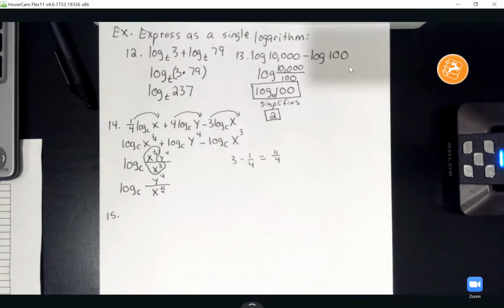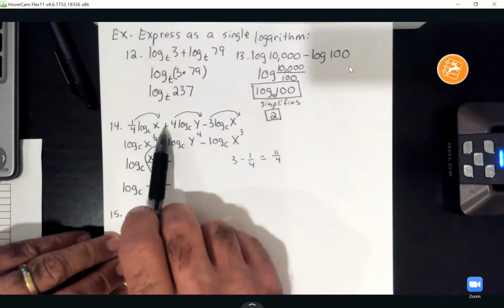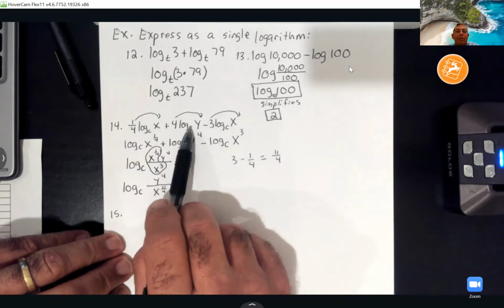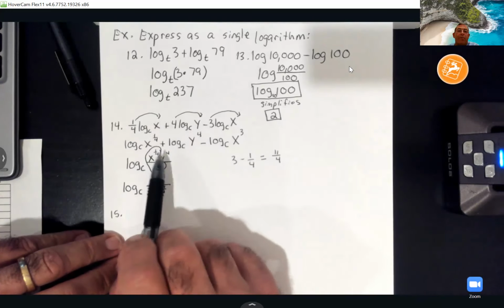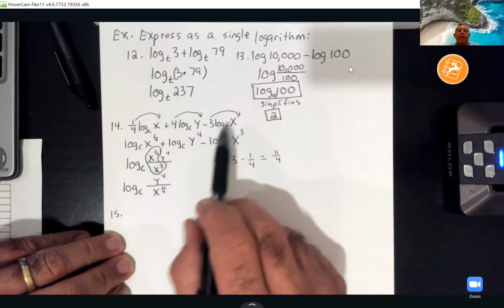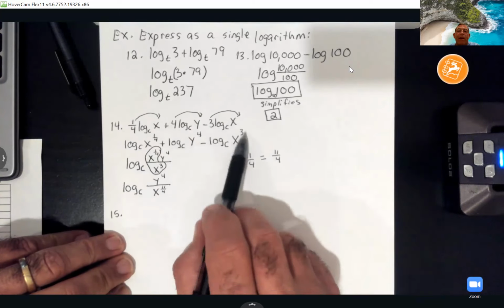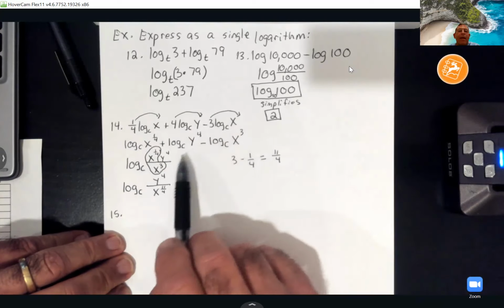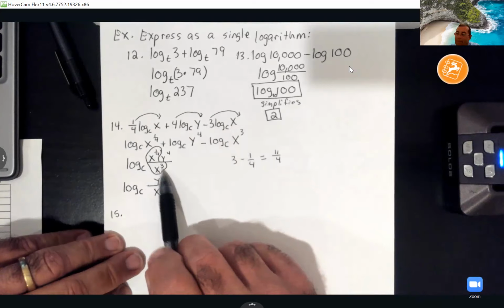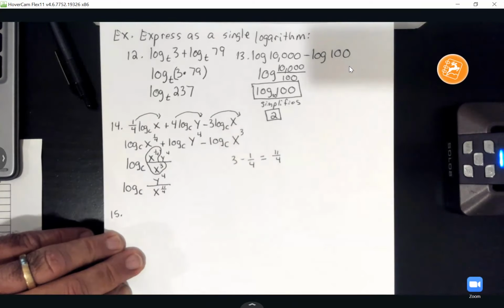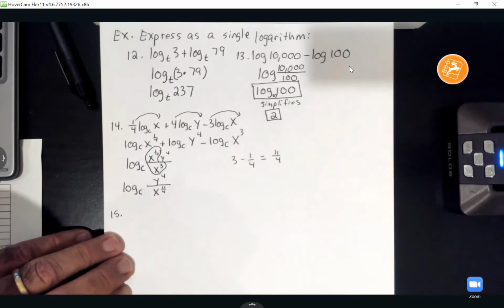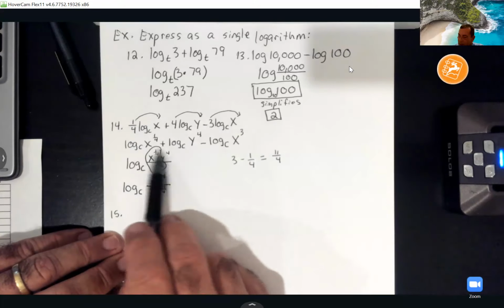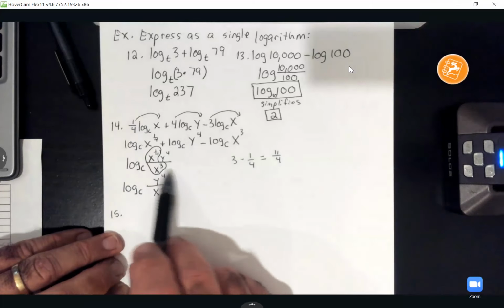Now look what we got here. This factor is positive. So those two being positive had to go to the top. This factor being subtracted right here, since it's being subtracted, that factor had to go to the bottom, okay? So could you have 3 numbers, like say it was all positives and 1 negative? You'd have all the positives on top and all the negatives on the bottom, okay?